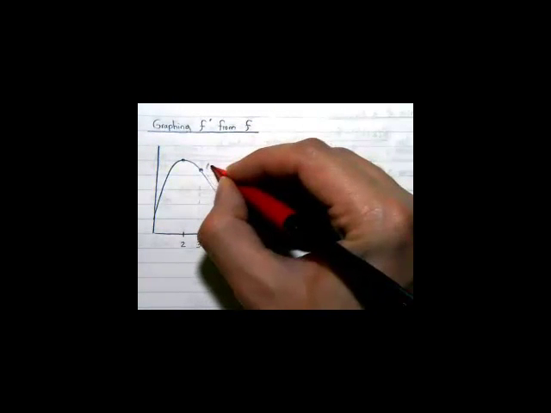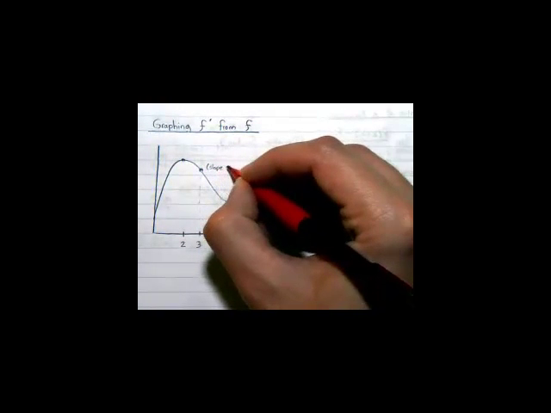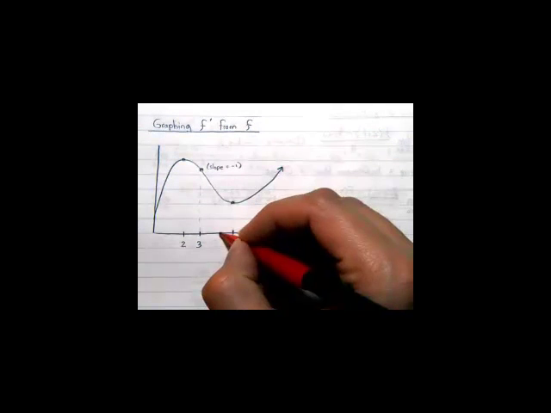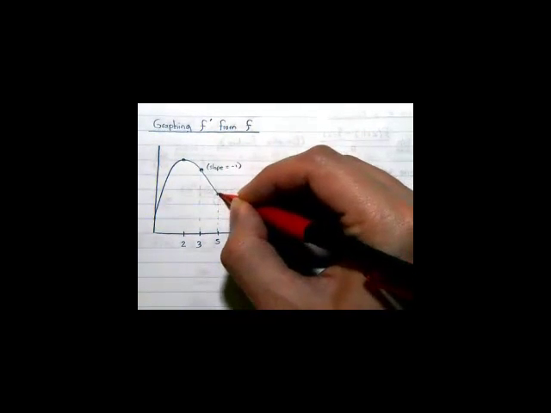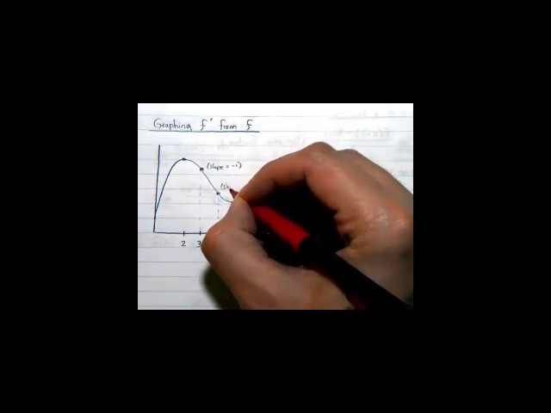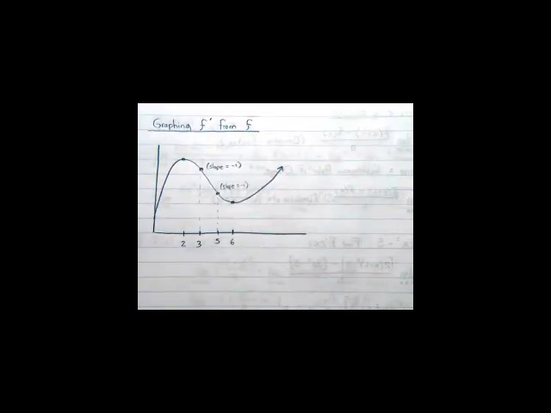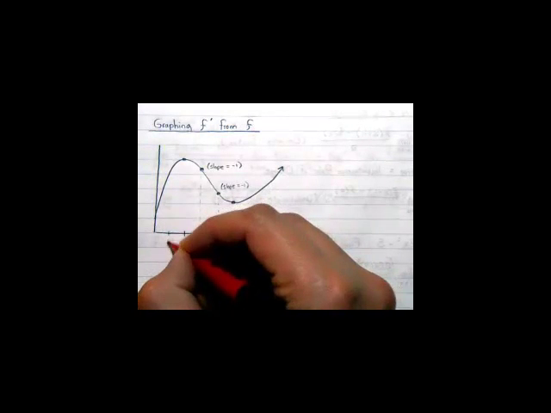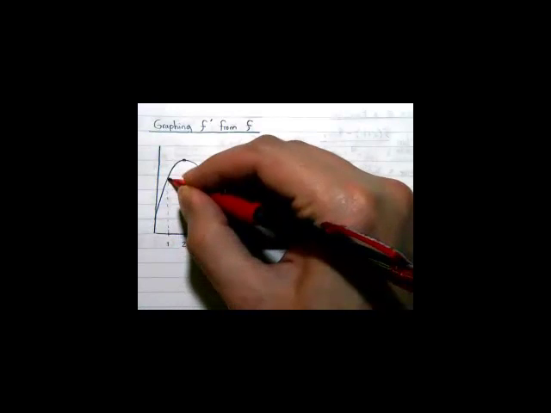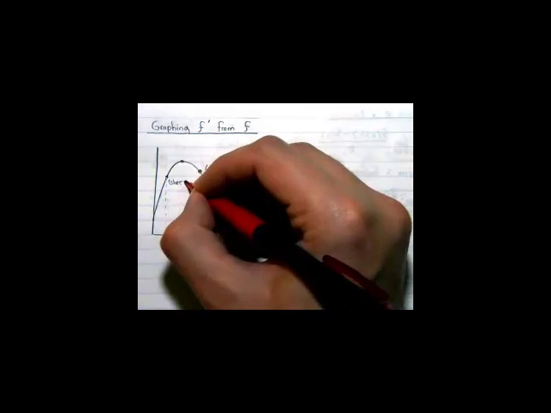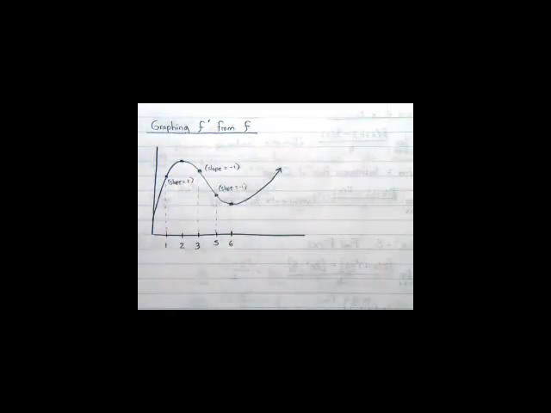And this one, I'm just going to tell you, the slope is equal to -1 at that spot. And then at 5, same thing, the slope equals -1. And then at 1, the slope is equal to +1. Okay?